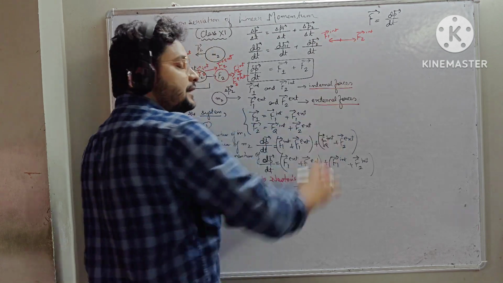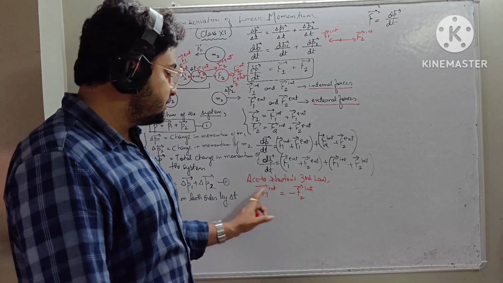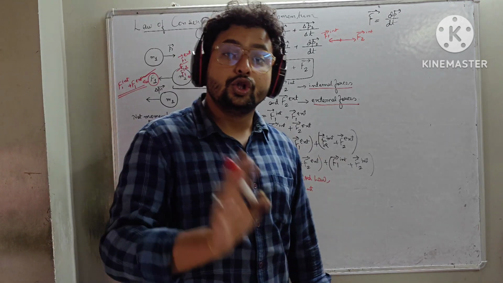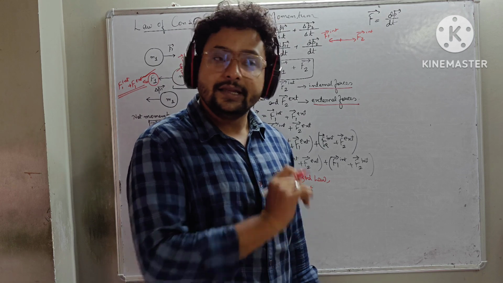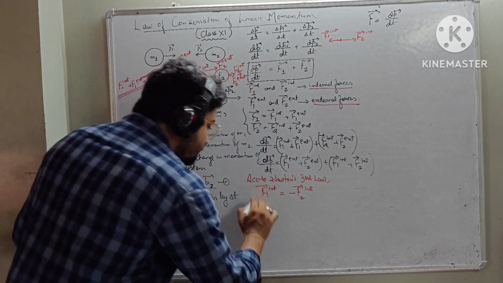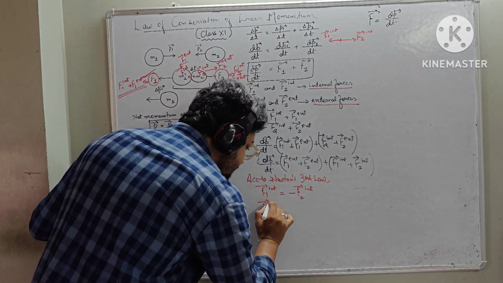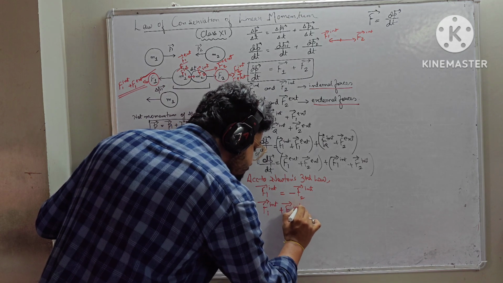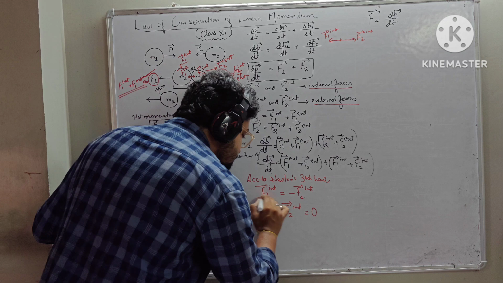That is why F1 internal equals minus F2 internal. Both these forces are also equal as said in Newton's third law. Now from here we can see F1 internal plus F2 internal will give us 0.